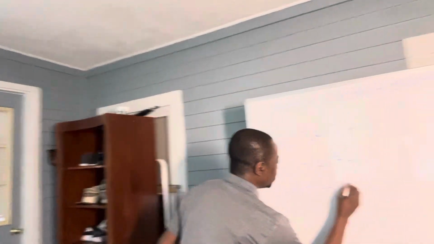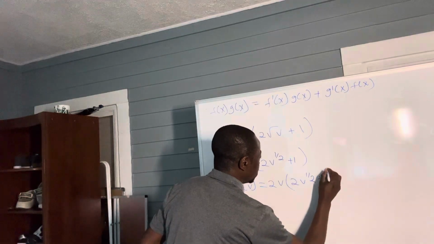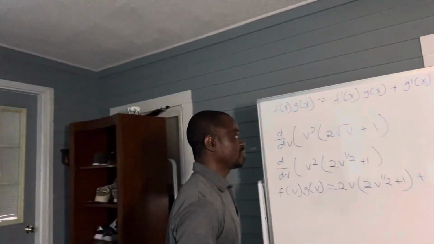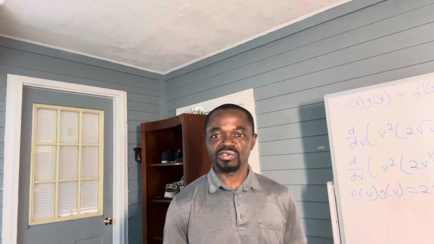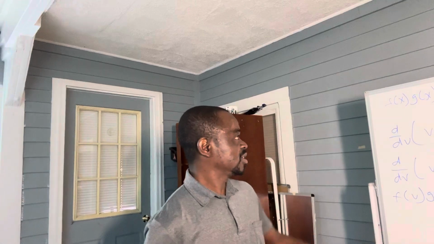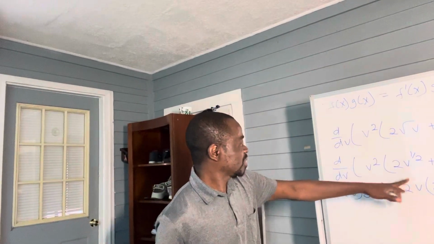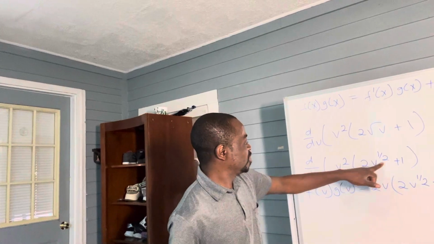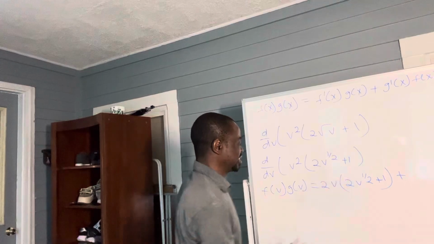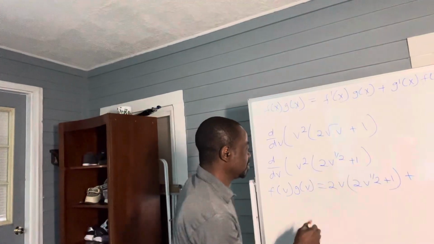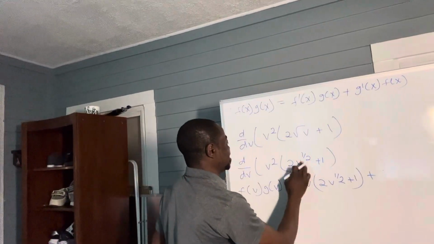So we have 2v to the power half, then plus 1, then plus, we're differentiating the second function, which is the g of x. And the g of v is 2v to the power half plus 1. So we have to differentiate this. The power here is half.